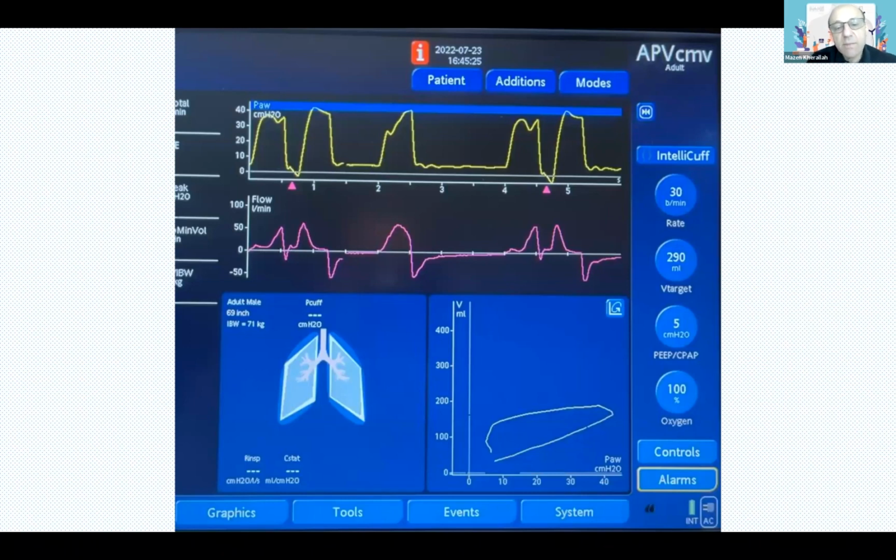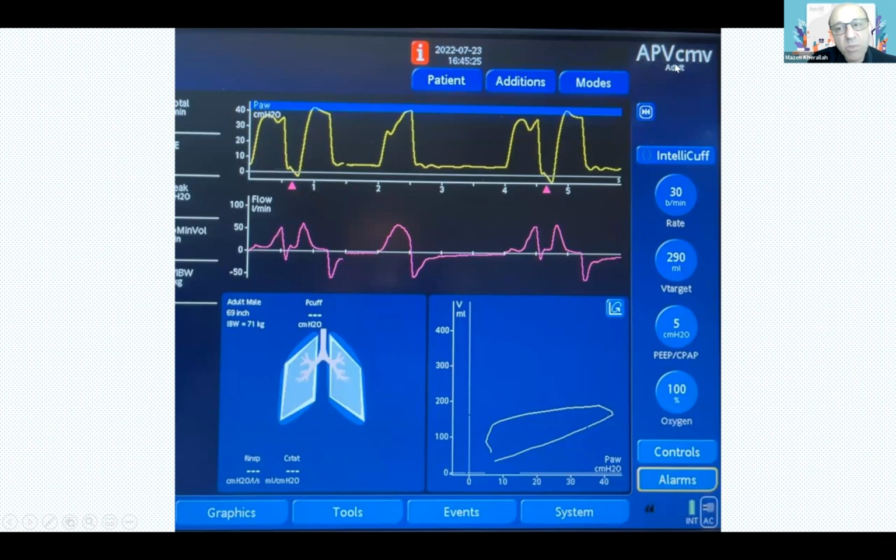So this is a real example of a patient that started his breath, the first one here, and the pressure goes up to around 35. And then the second breath is started here. You see that the volume is the same, the flow is the same.